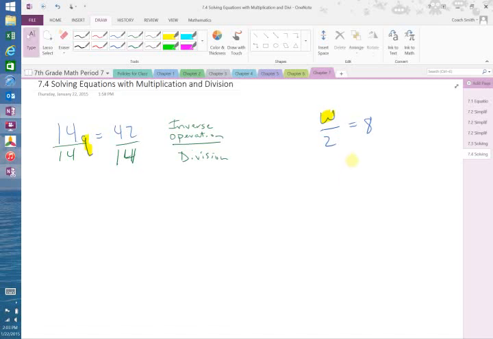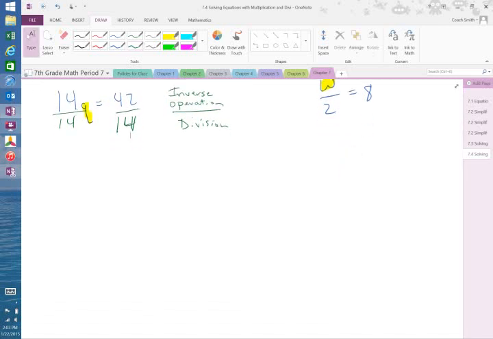Now, yes, you do have to write down these steps even if you can solve them mentally, because you're not going to be able to solve every one of them mentally. So the 14 over 14 cancels each other out, leaving us with 1. We know that 1 times anything is the number itself, and so basically then we have Q left on the left side.